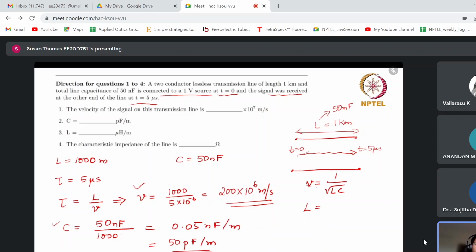Can we have the answers for inductance? So the velocity is 2 into 10 power 8 meter per second. Okay, some answer has come.